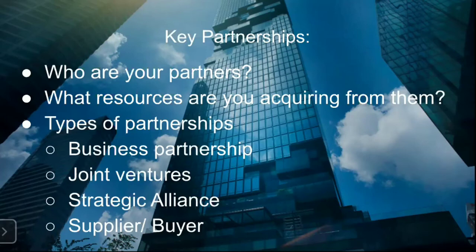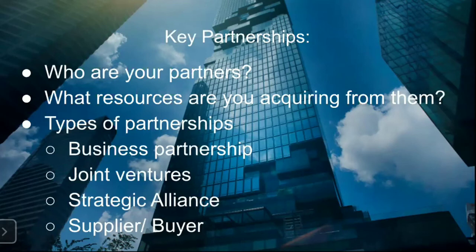And so it's important to understand who your potential key partners are and what resources you'd like to acquire from them. So just a few types of partnerships are a general business partnership, joint ventures, strategic alliances, and the supplier-buyer relationship. We will go into greater detail of each one of these when we do the individual models of each section.